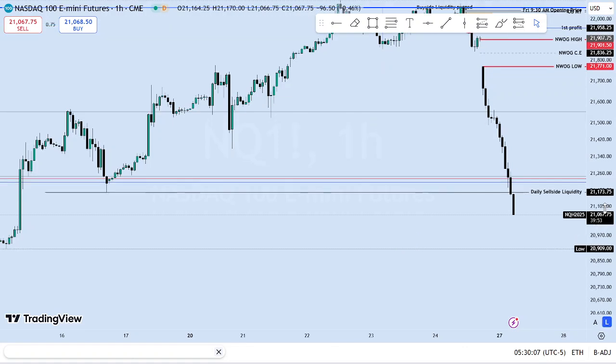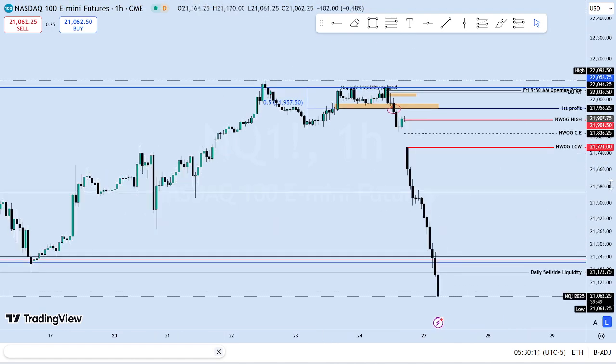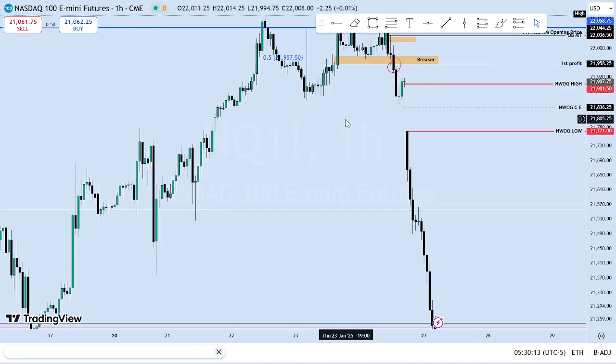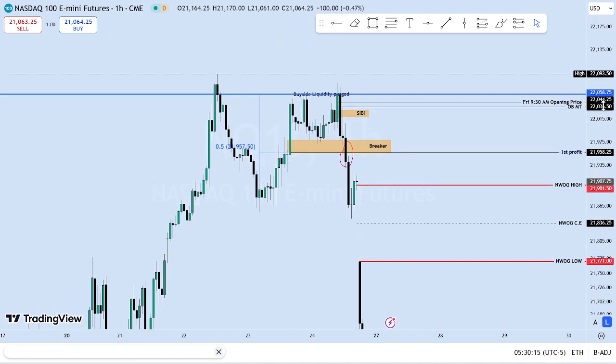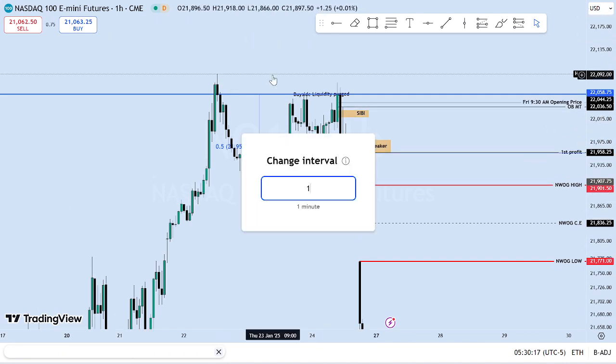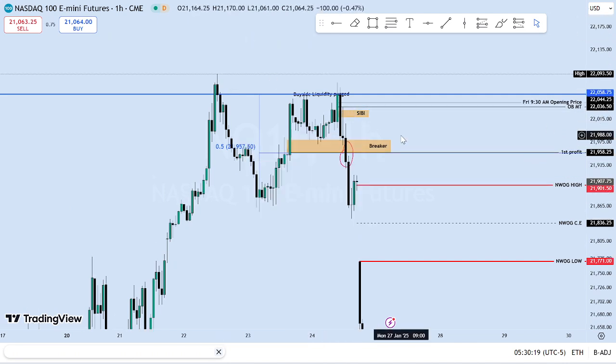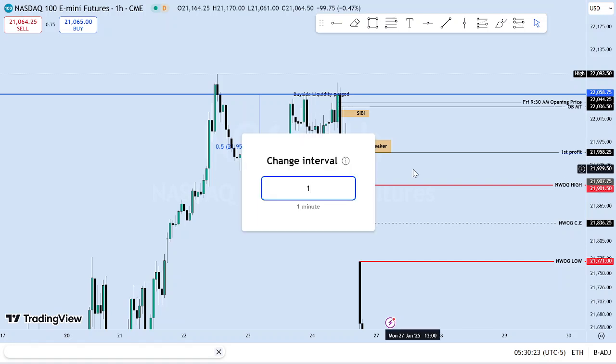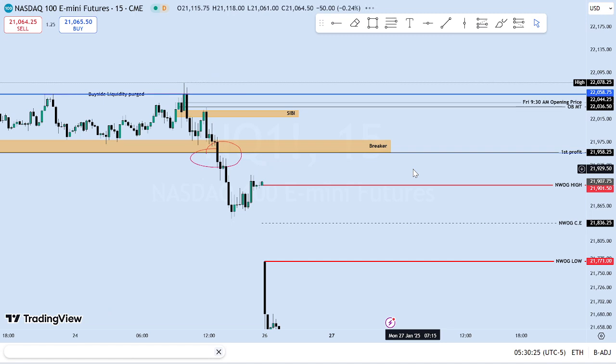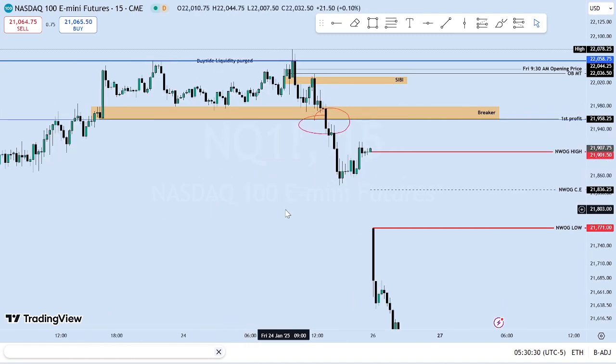Okay, how is the setup? Maybe the 9:30 opening price, if you want to anticipate it. So that 9:30 you're talking about, that time below there, that is the 9:30 of that time, right? That night time 5:30, I'm seeing 5:30 there.